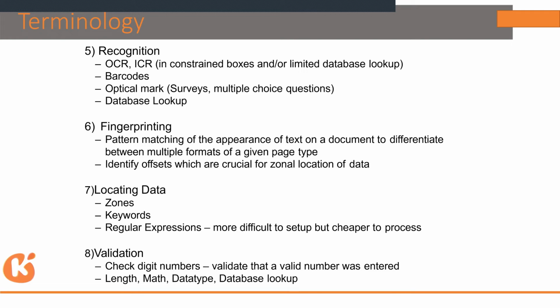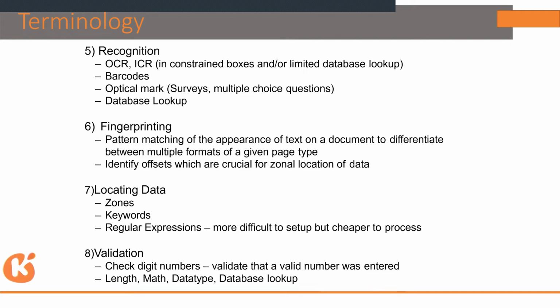Okay. And what is the difference between the zones in fingerprinting and locating data? Fingerprinting is nothing but giving the position on the document. In that particular position, you can have different data for every customer.